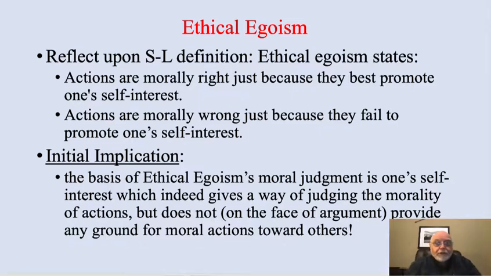It's an astonishing argument. But this is clearly an ethical theory, because it gives a rational basis for defining which acts are morally right and which are morally wrong. So it's clearly a normative moral theory.